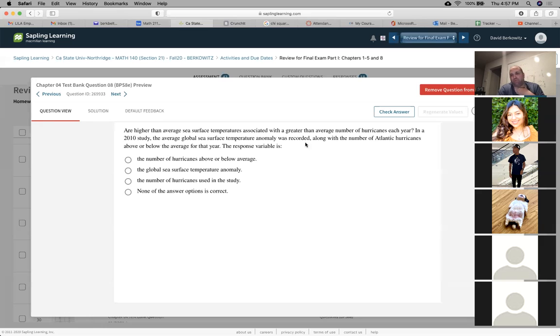Does the number of hurricanes explain the average temperature, or does the average temperature explain the number of hurricanes? Well, you can easily measure the average temperature, and as a result, you can use that to ideally predict how many hurricanes there's going to be. So the response would be the number of hurricanes. The explanatory variable would be the global sea surface temperature.